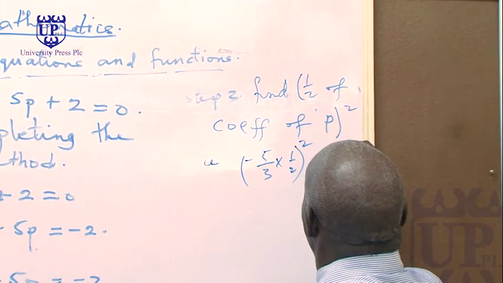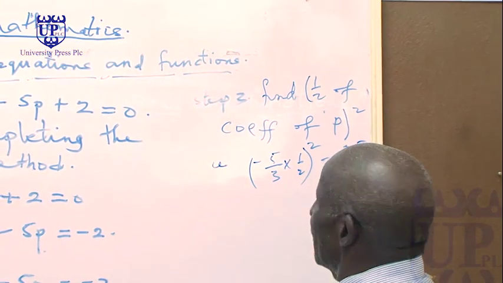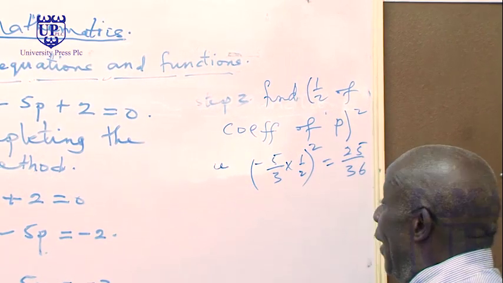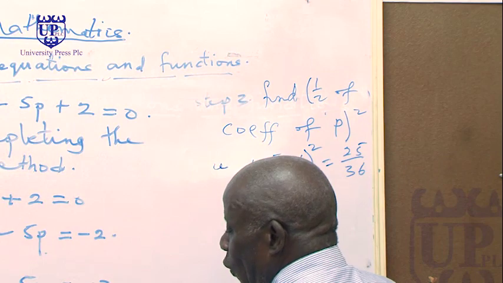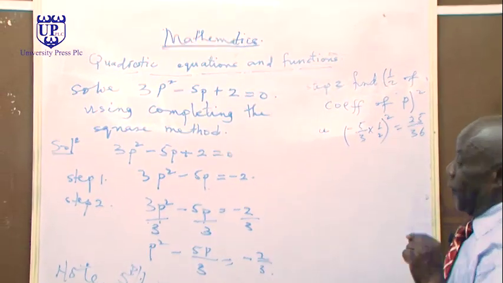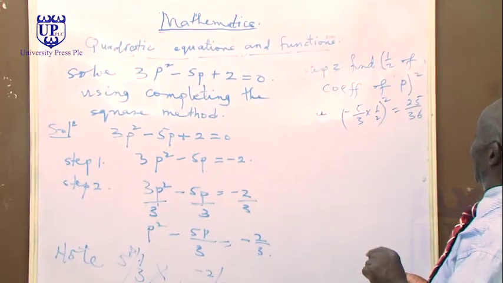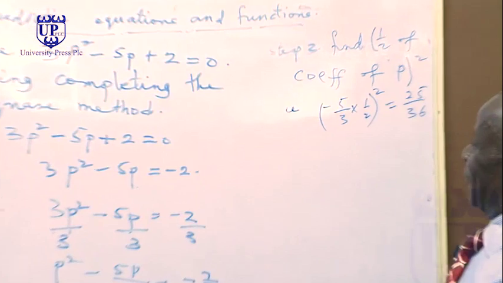That is 25/36. The coefficient of p here is minus 5/3, half of it is minus 5/6, then square it and it will be 25/36.